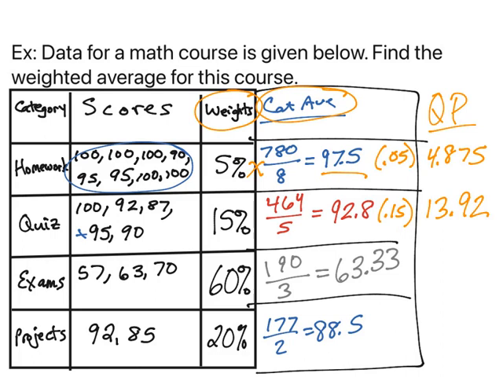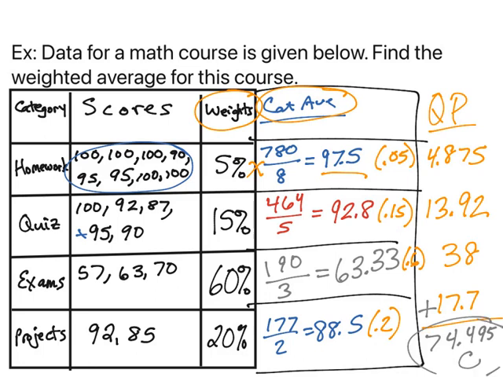For exams, I take the 63.33 and I multiply by 0.6, which gives me a 38. And then my projects of a category average of 88.5 times 0.2, and that leaves me with 17.7. So now I add my 4 quality points together, and I get a score of 74.495, which in my class would be a C.